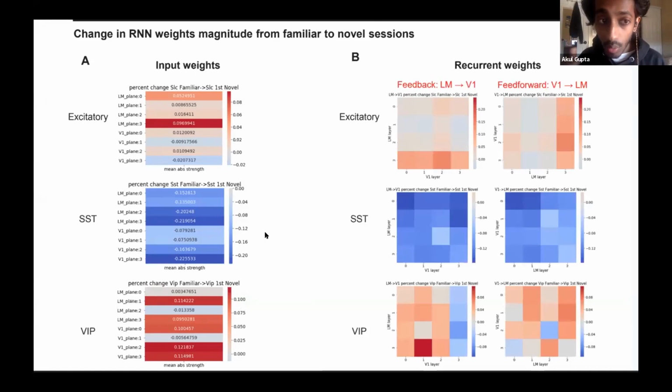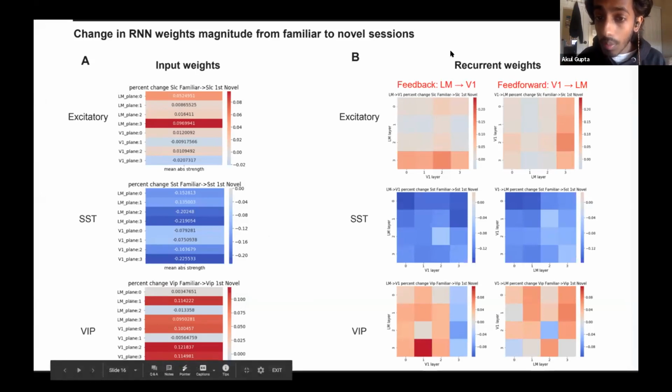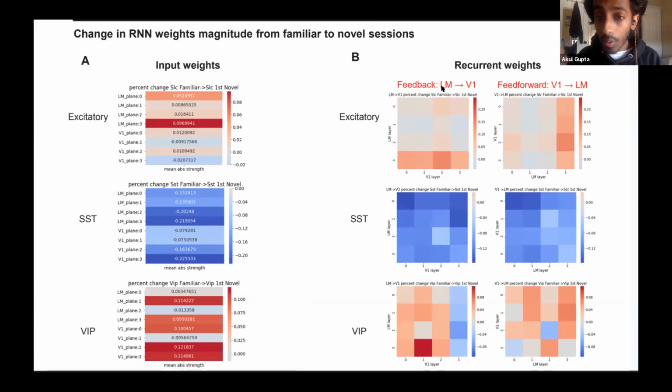Okay, so those were the input weights. Now I'm going to be talking about recurrent weights. These are the weights going from neuron to neuron, so how different neurons are connecting with each other. This column is feedback weights, from LM to V1, and this is feedforward, V1 to LM.